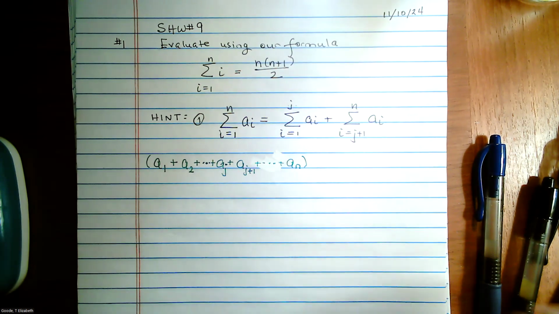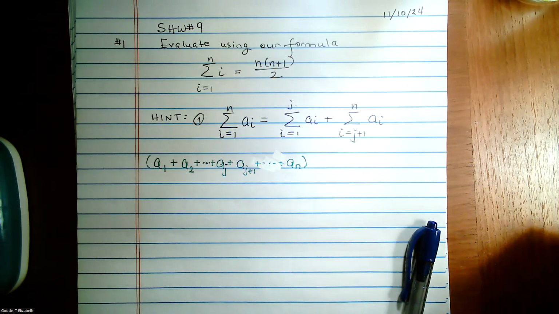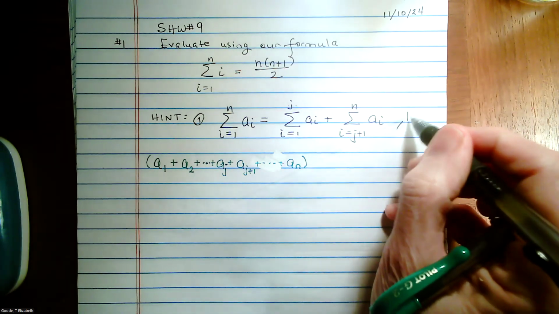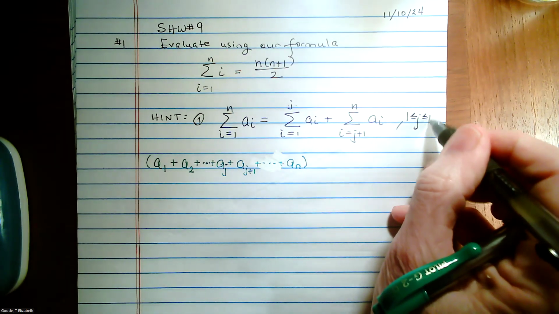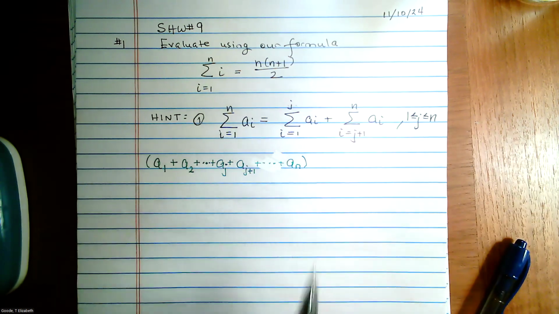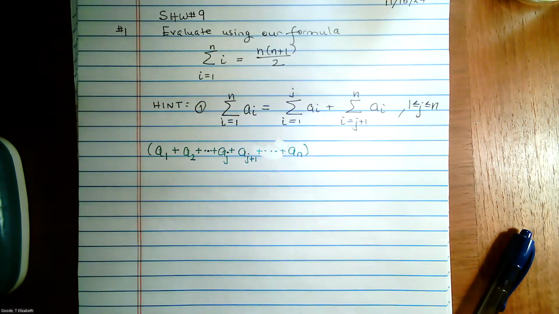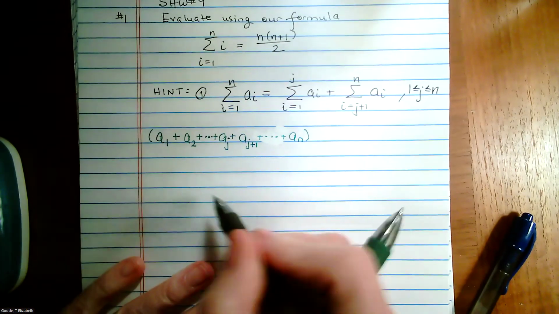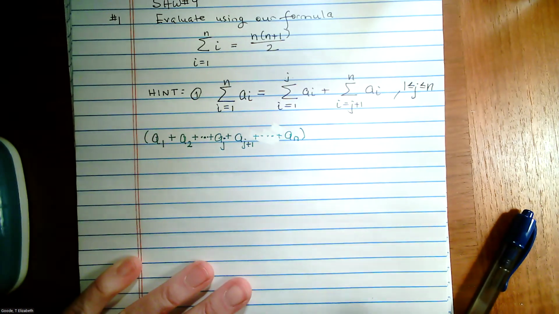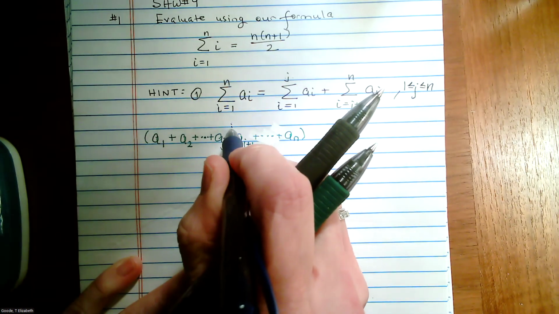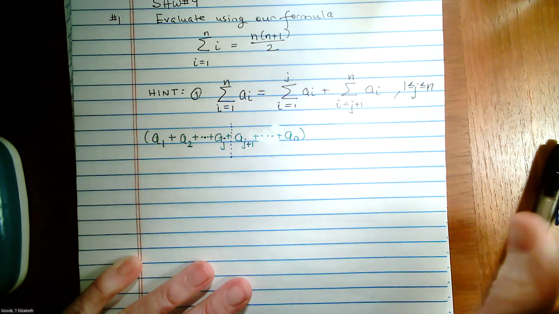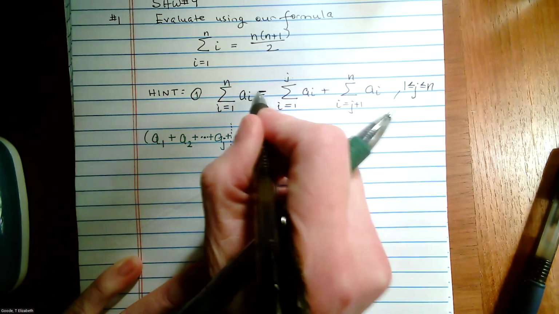Part of the hint is the range of j: 1 is less than or equal to j is less than or equal to n. So j is somewhere between 1 and n. You can see that this is just saying you can split that sum up between the a sub j and the a sub j plus 1. That's all this equal sign is saying.